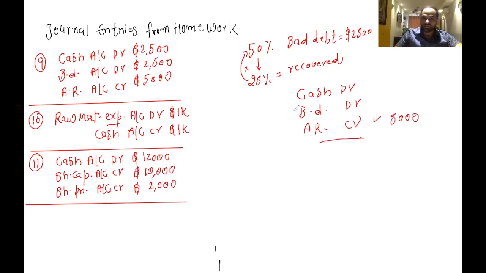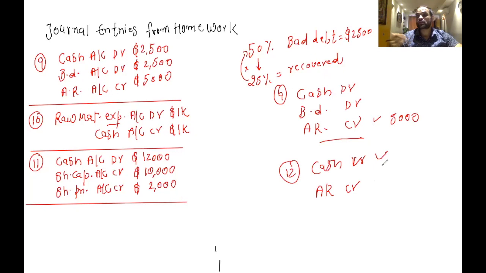Number 12, you said cash debit. Yes, cash debit because they already paid you. But if you credit accounts receivable again, it will increase accounts receivable. It means you credit accounts receivable 2 times. Here credit already, but why do you credit here again? So accounts receivable cannot be credit.